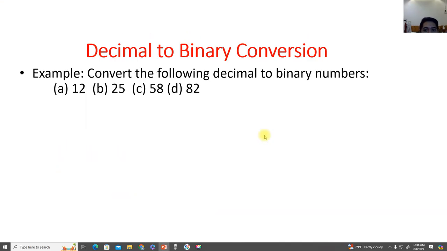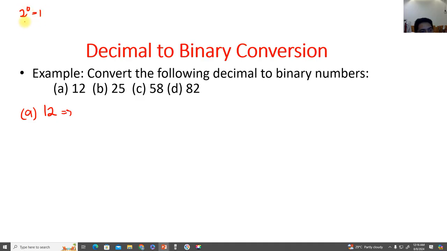To convert the following decimals to binary, we have 12. We know the highest thing that we can dissect is based on the powers of 2.